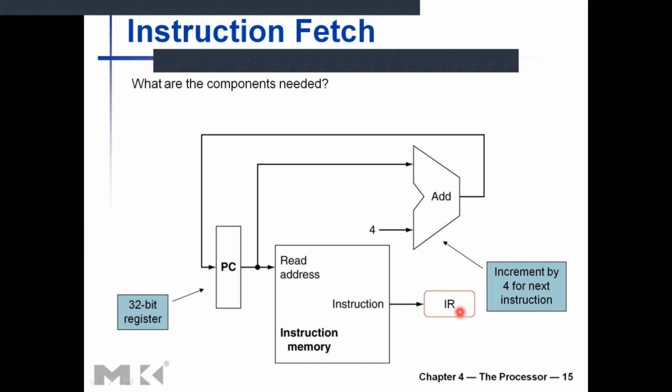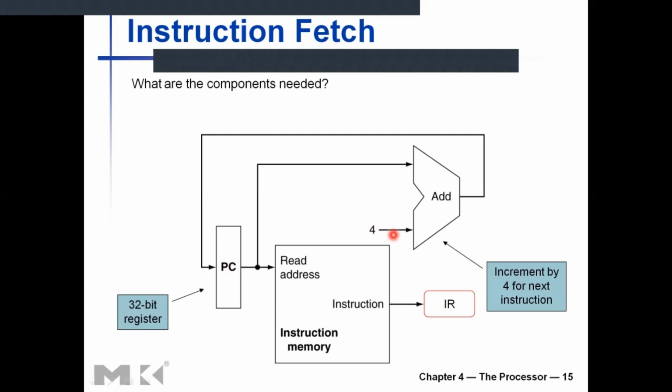The instruction register will hold that instruction for the next clock cycle. And during that clock cycle, you need to decode this instruction, generate the control signals, use the ALU, and do the other operations. So the instruction fetch mechanism will use the program counter, the instruction memory, and the instruction register, and it will also need an adder to increment the current address stored in the program counter by 4.